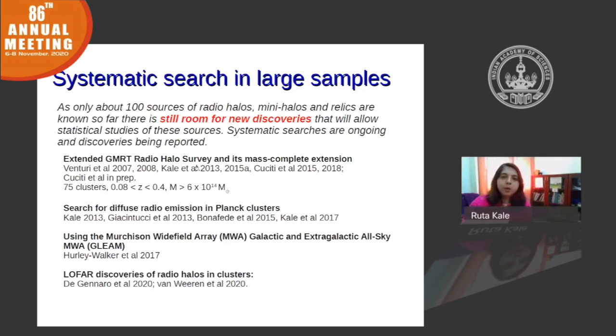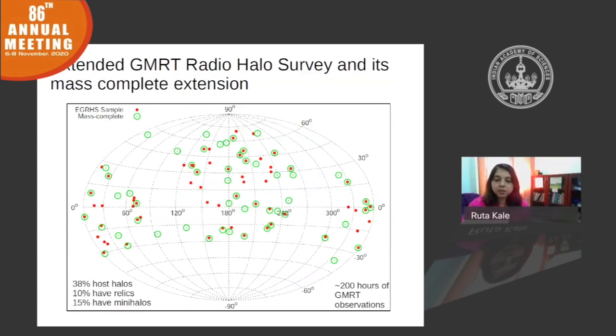Because there are only a handful of such sources of radio halos and relics known, there is still room for many new discoveries with more sensitive instruments coming up, such as the upgraded GMRT. This is a view of the survey that we had done a few years ago with the GMRT, and it took more than 200 hours of GMRT observations to survey these various clusters shown on the celestial sphere.